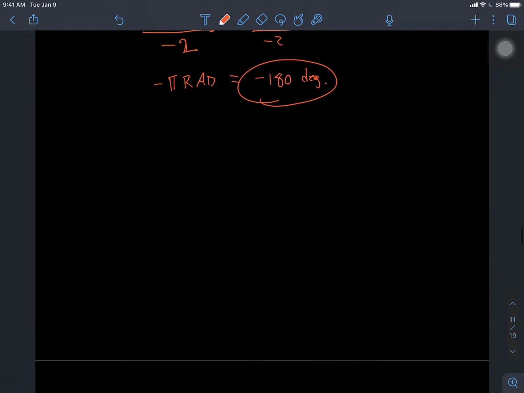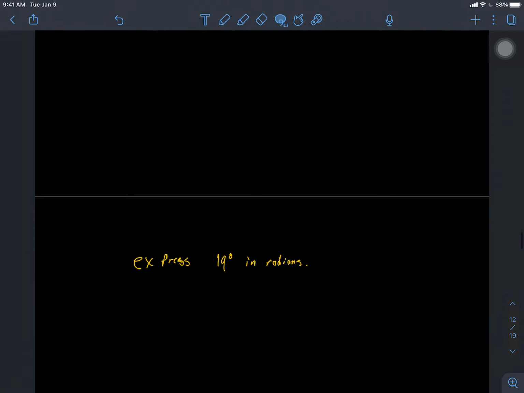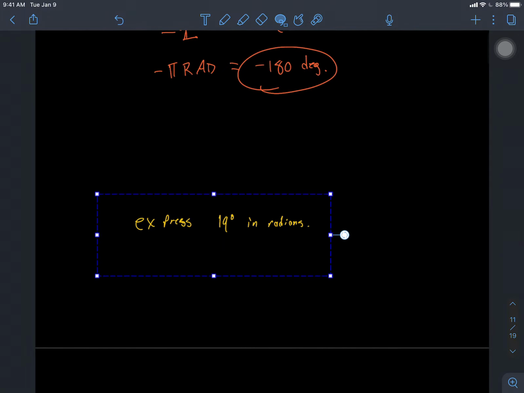Okay, so let's do one more that's kind of hard. Let's try to express 19 degrees in radians.